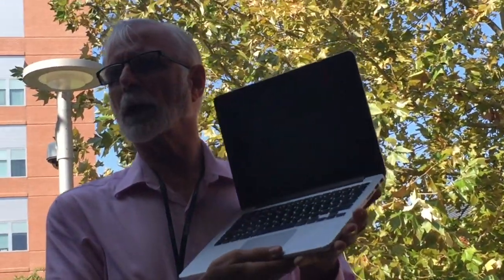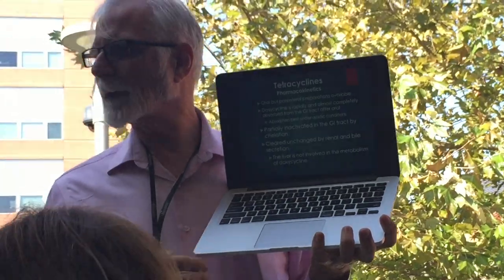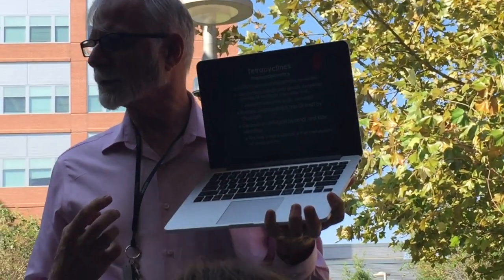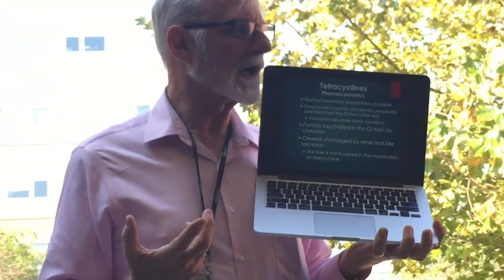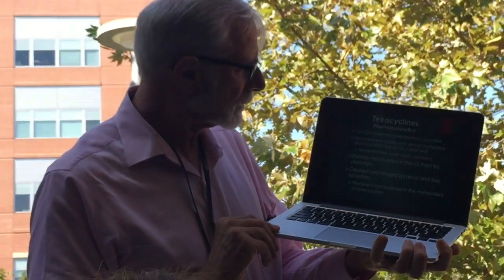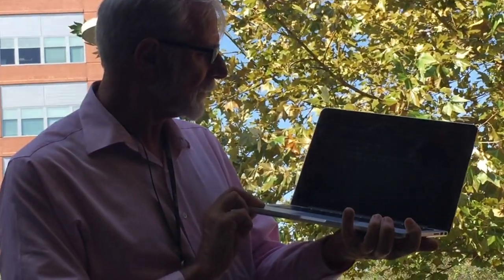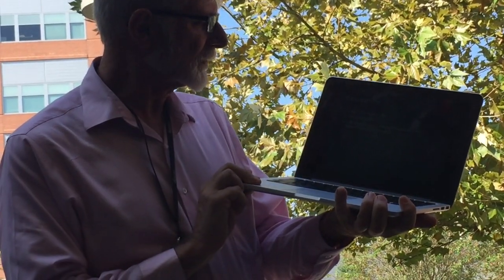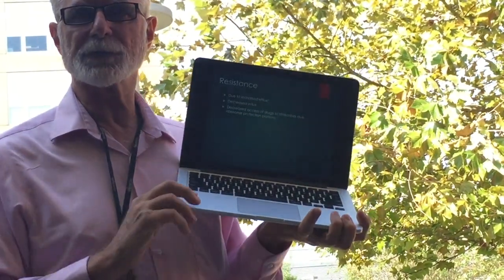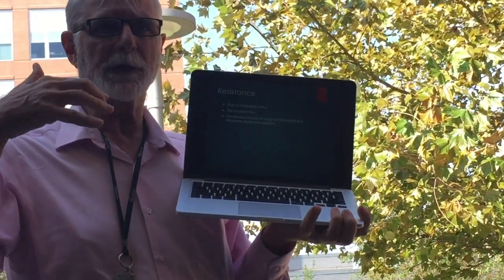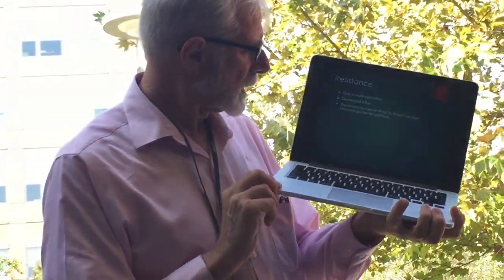Okay, so like all antibiotics, bacteria have acquired resistance mechanisms to prevent the action of the antibiotics. And so on this next slide, it talks about some resistance mechanisms. So we have decreased or increased efflux, that's the bacteria pumping the tetracycline out of the bacteria faster than it can have an effect on the bacteria.